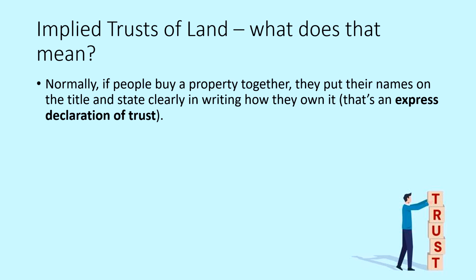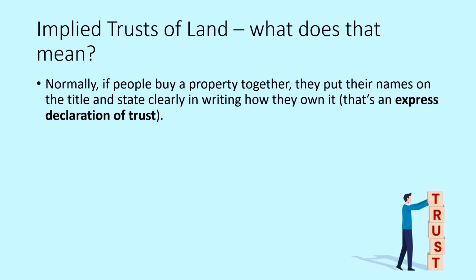So if all of the names are in the title deeds and it clearly states how they are owning it, like which shares they have, for example, or whether they all own it together as a whole, that would be an express declaration of trust.